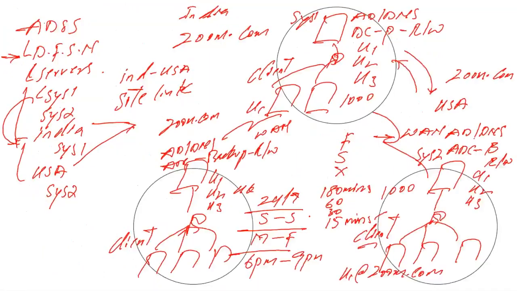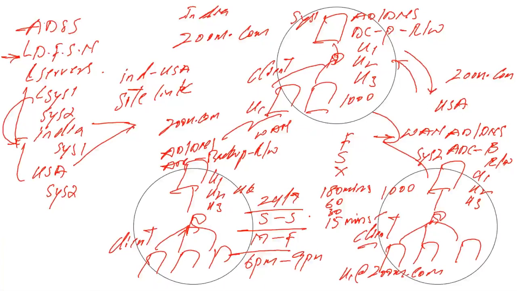But if your network is like this, you have multiple branches in different locations, you have backup servers, DC and ADC, you have a single domain in multiple sites, and you want replication on your schedule, then we have to go for manual replication configuration.